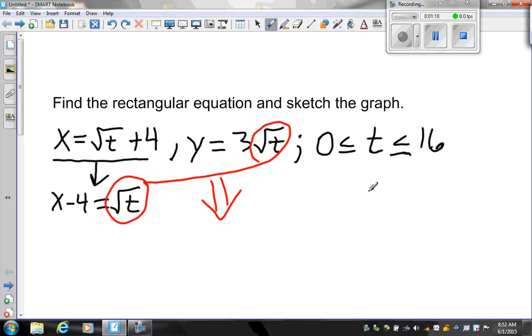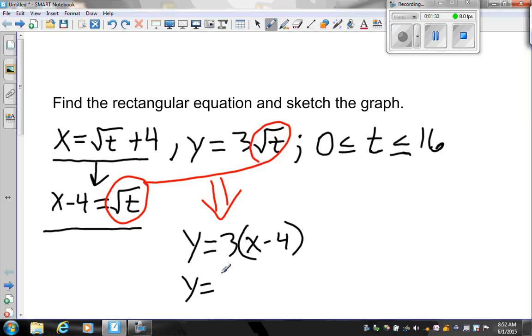So now, in this example, we would have y equals 3 times the square root of t, but we just found that the square root of t is equal to x minus 4. So we substitute that in. Distributing the 3, we have y equals 3x minus 12.